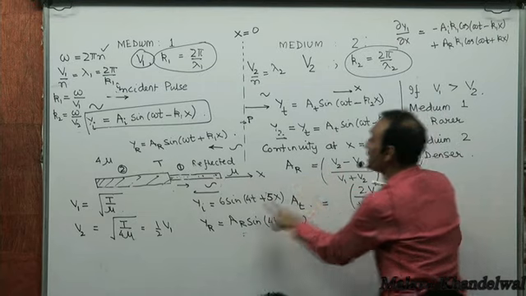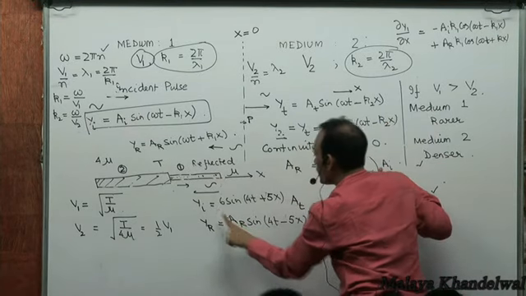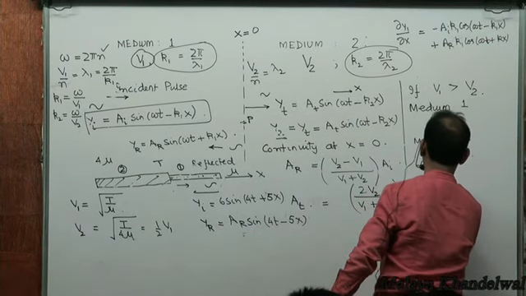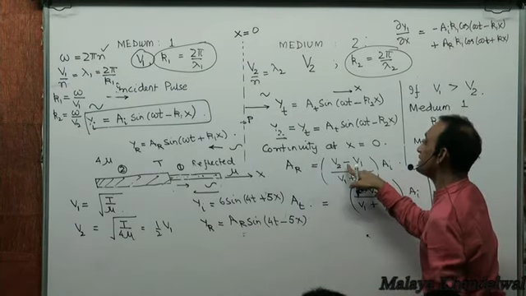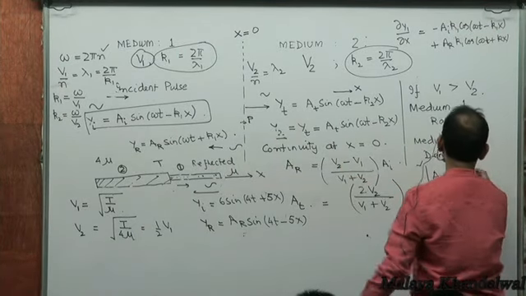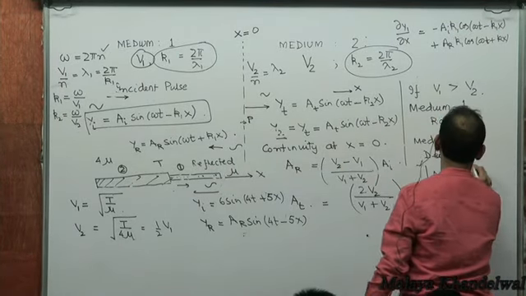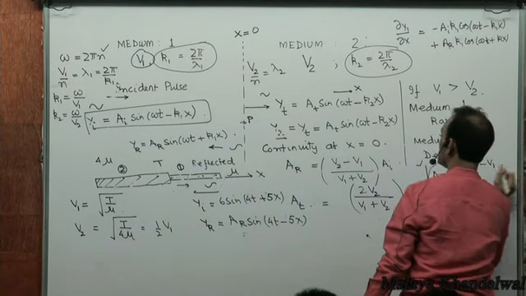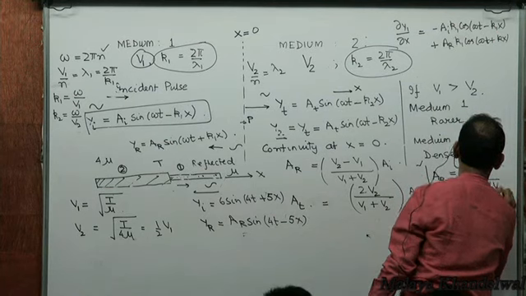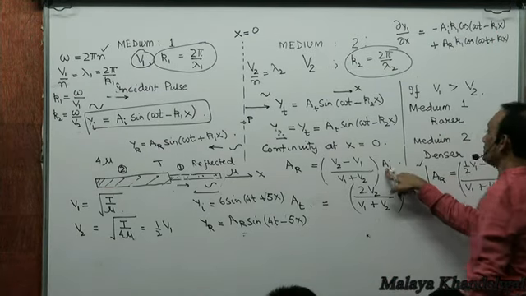What is AI? AI is 6. What is AR? For this calculation, replace V2 by half V1. So half V1 minus V1, divided by V1 plus half V1, into the amplitude of the incident pulse.